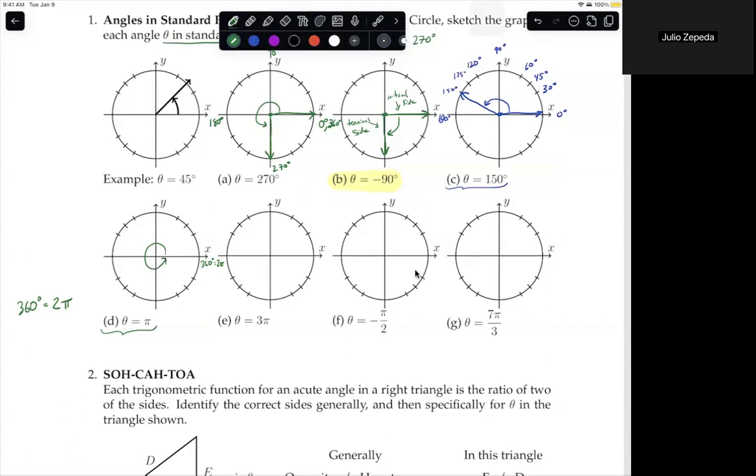In part D, we are asked for theta equals pi radians. If we divide both sides of this equation by 2, then we get 180 degrees is equal to pi radians. And so drawing an angle of measure pi radians is the same as drawing an angle of 180 degrees.